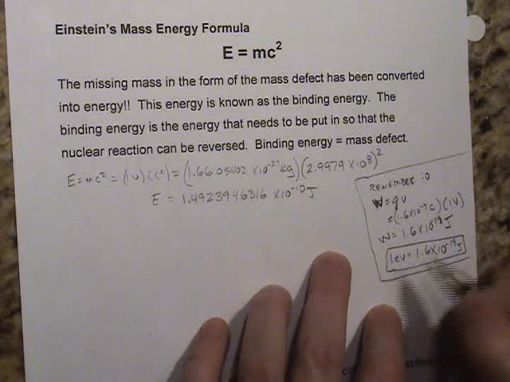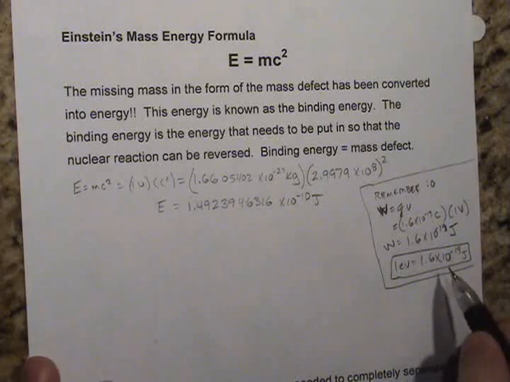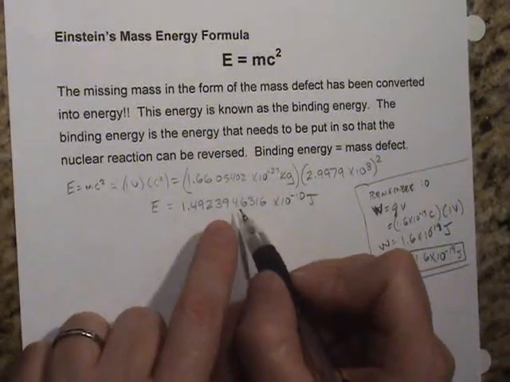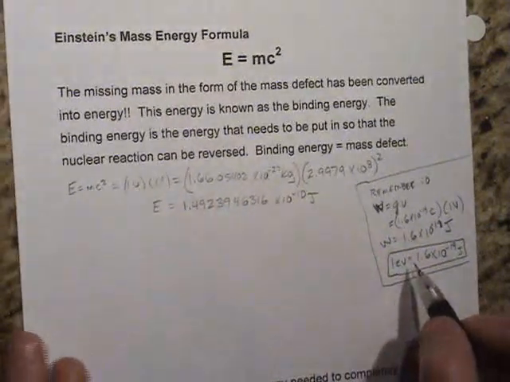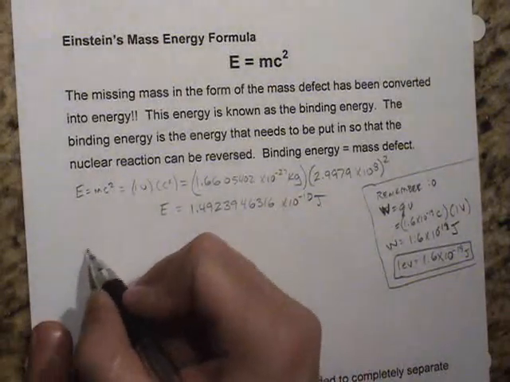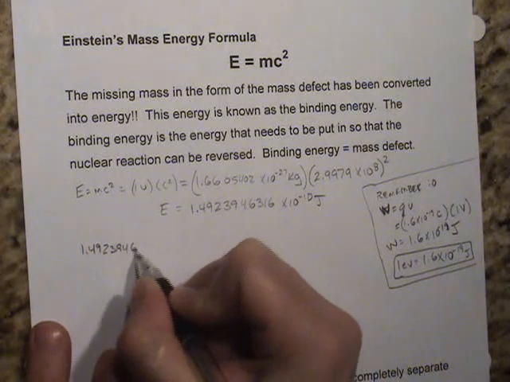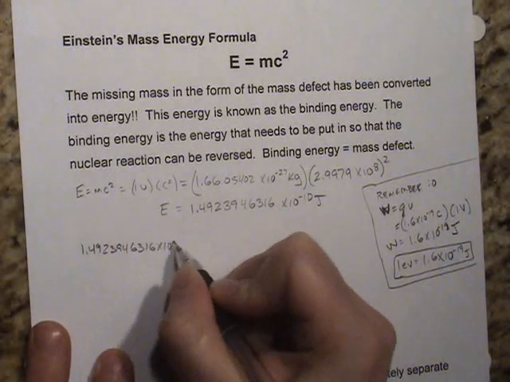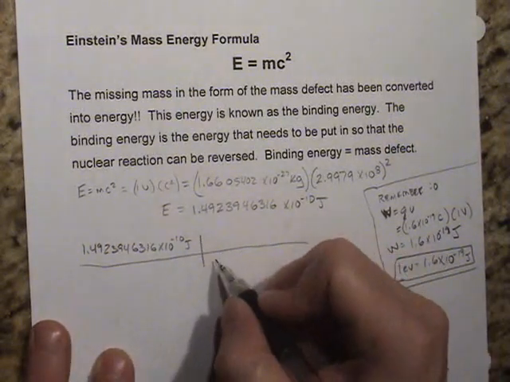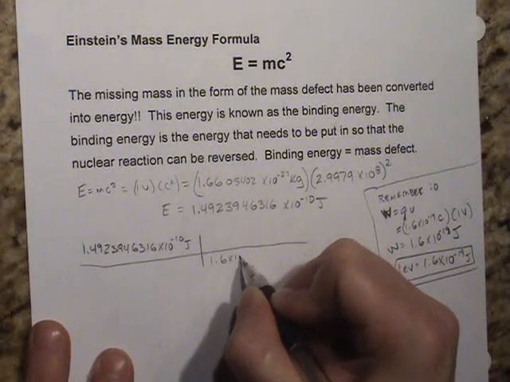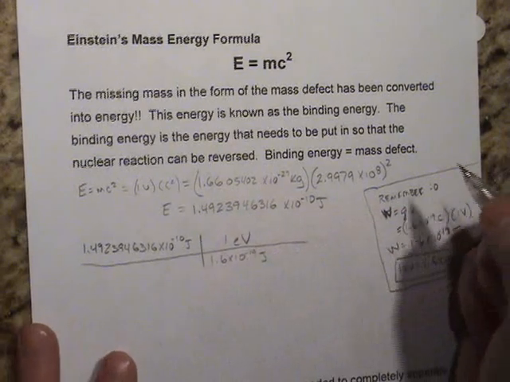Let's put a box around that. Okay. With that in mind, we can convert from joules into electron volts for the unit mass. This is a pretty simple conversion. We start with 1.4923946316 times 10 to the minus 10th joules, and we know that 1.6 times 10 to the minus 19 joules is 1 eV.